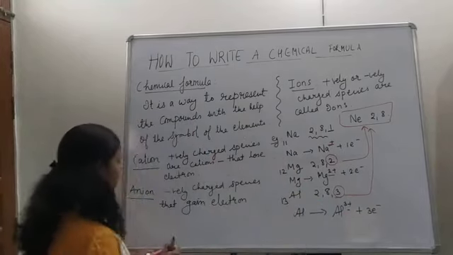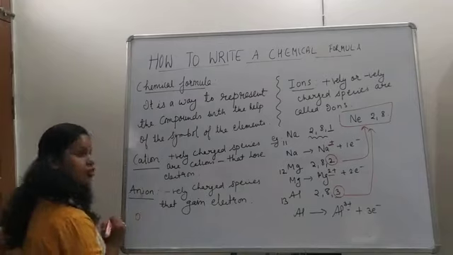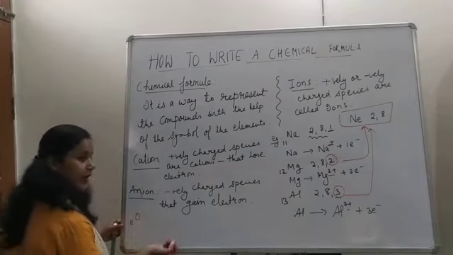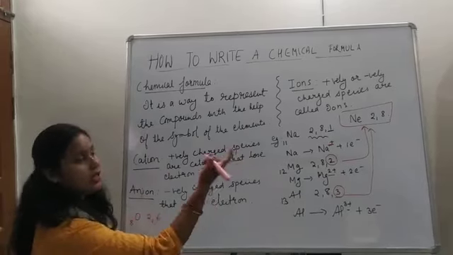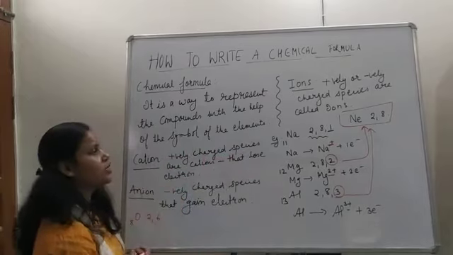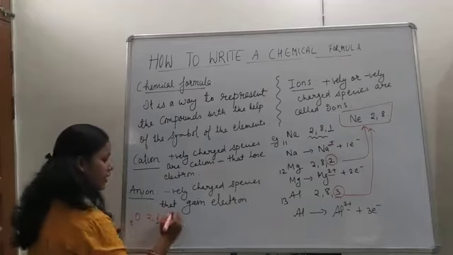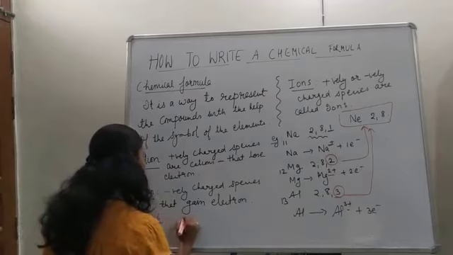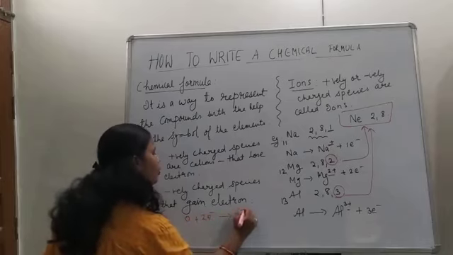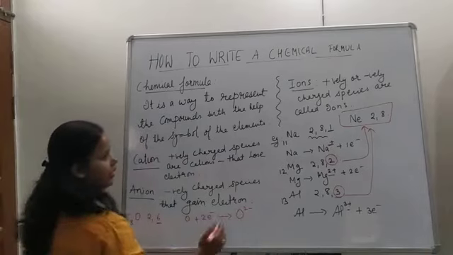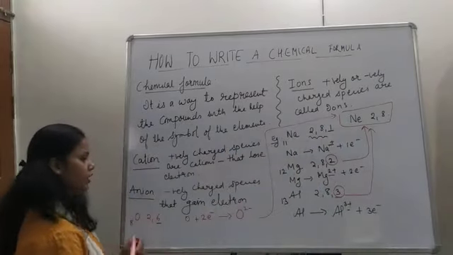Now, next example for anions, we can see oxygen. Oxygen is having atomic number of 8, that is 2, 6. Just like the sodium, which gained the nearest noble gas configuration neon, ये क्या करेगा, इसको 2 इलेक्ट्रॉन की जरूरत है, so oxygen will gain 2 electrons to get O2-, to gain the nearest noble gas configuration of neon.